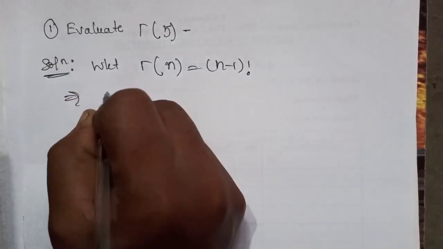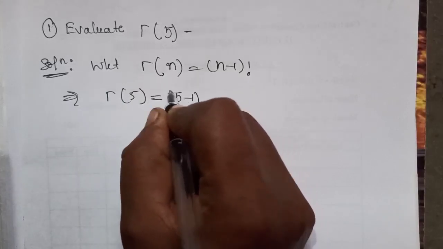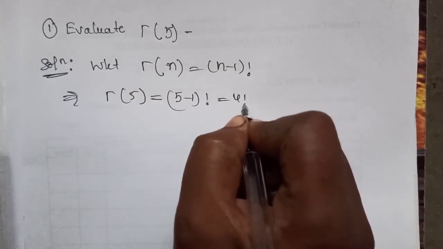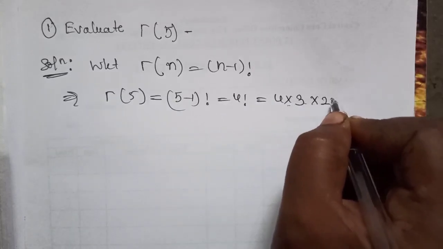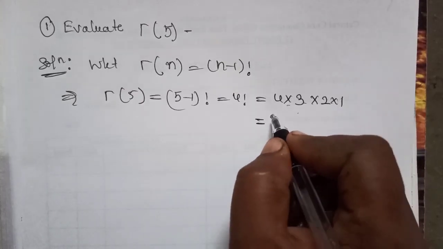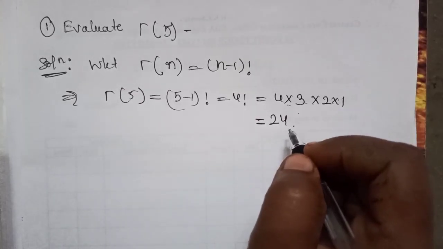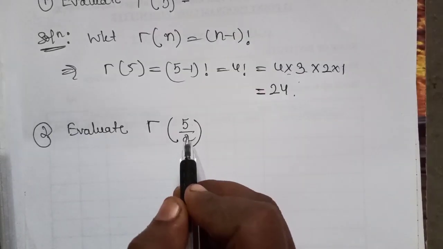So this gamma of 5 can be written as 5 minus 1 factorial, which is equal to 4 factorial, or it can be written as 4 into 3 into 2 into 1. This is equal to 24.